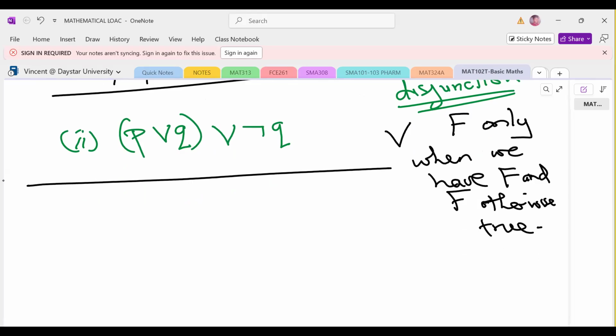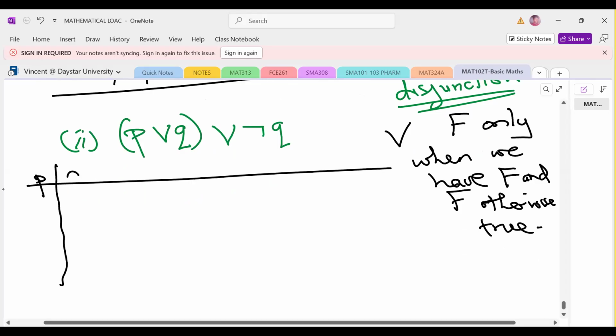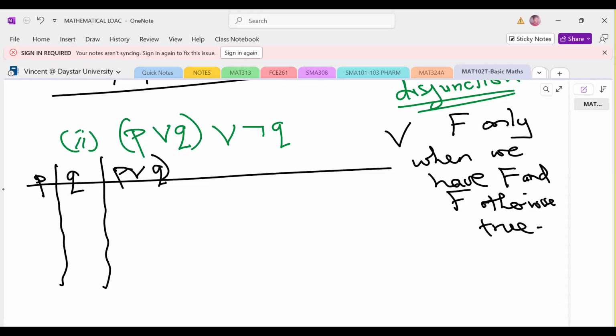It's 2 because we still have just letter P and Q, okay? Yeah, so the first column, I'll have P, second column, Q, third column, P or Q. You say P or Q. And then next column.